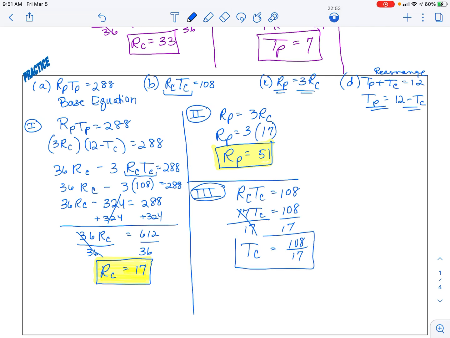Yep, we sure do. So there is the value of TC.